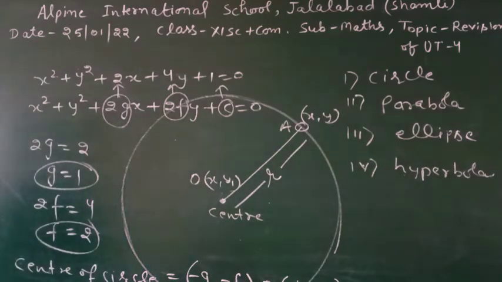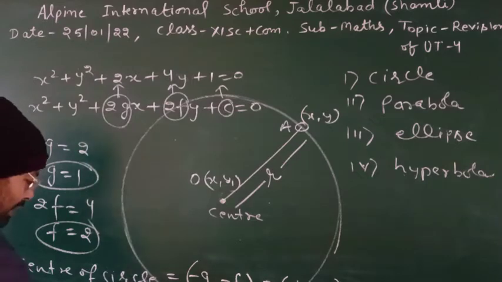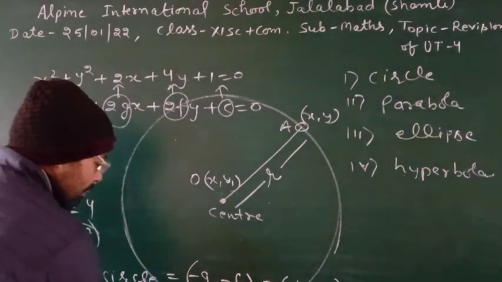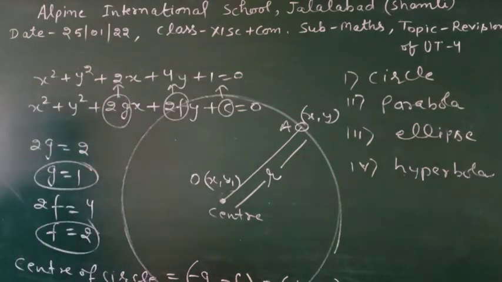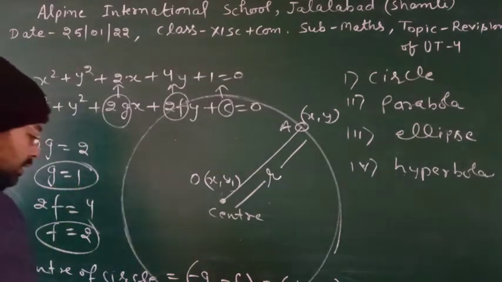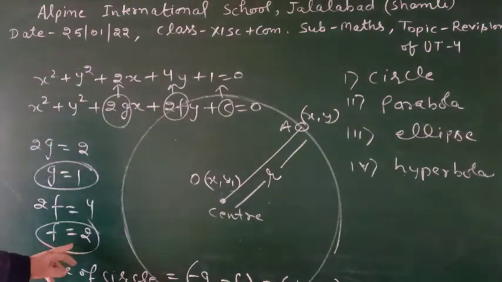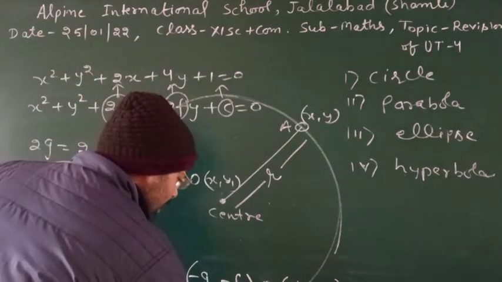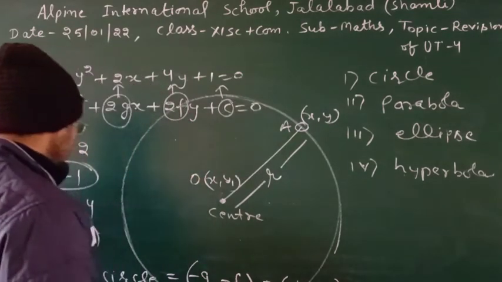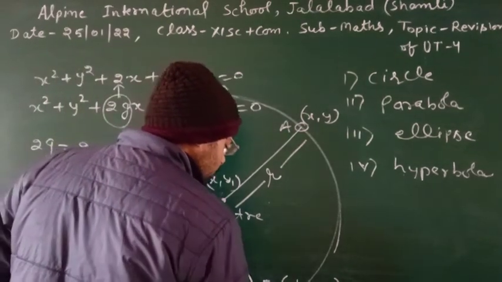Now the radius will be equal to the square root of g^2 + f^2 minus c. Now replace the values of g, f and c. The value of g is 1, so square of 1, plus the value of f is 2, so square of 2, minus c, the value of c is 1.